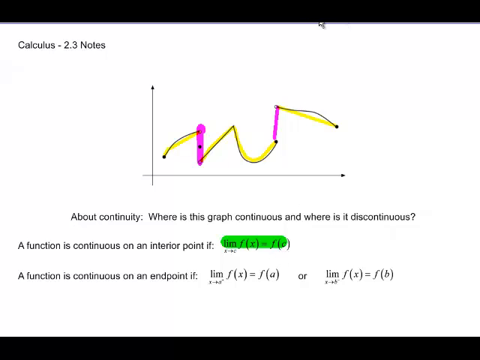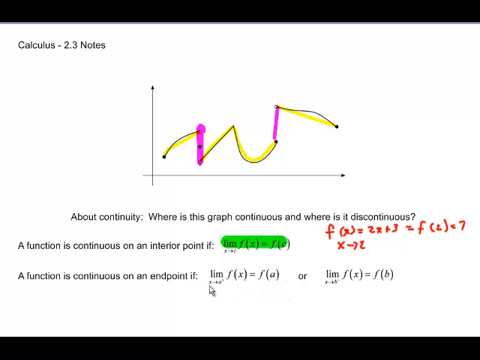So in other words, if we look at a function, something easy like, say, f of x equals 2x plus 3, and I want to know what's going on as x approaches 2, then I can put 2 in for that x, and it becomes the same thing as f of 2. And if the limit is the same thing as f of 2, which in this case is 7, then I am continuous.